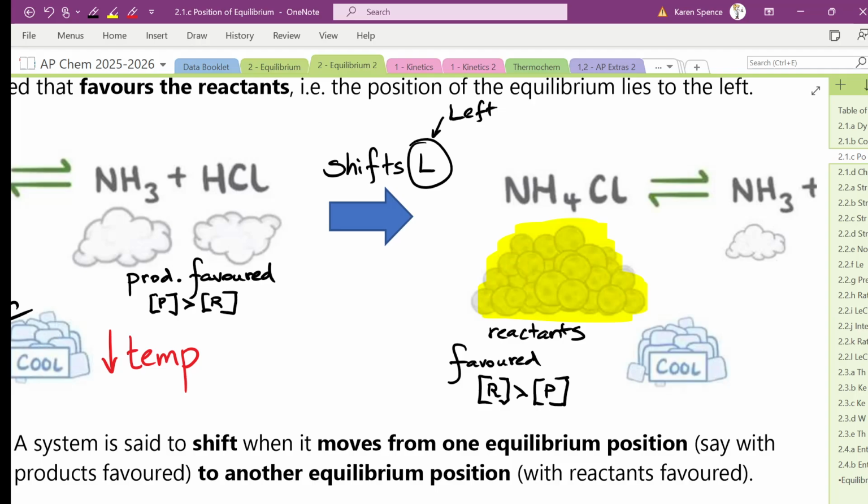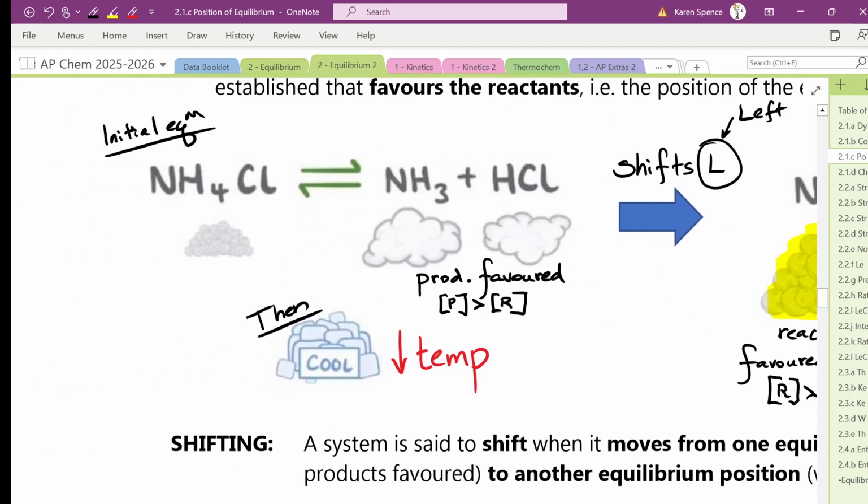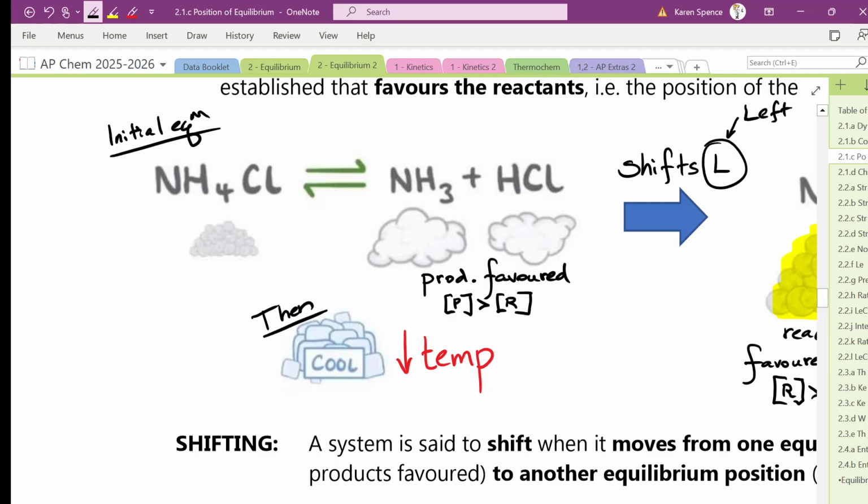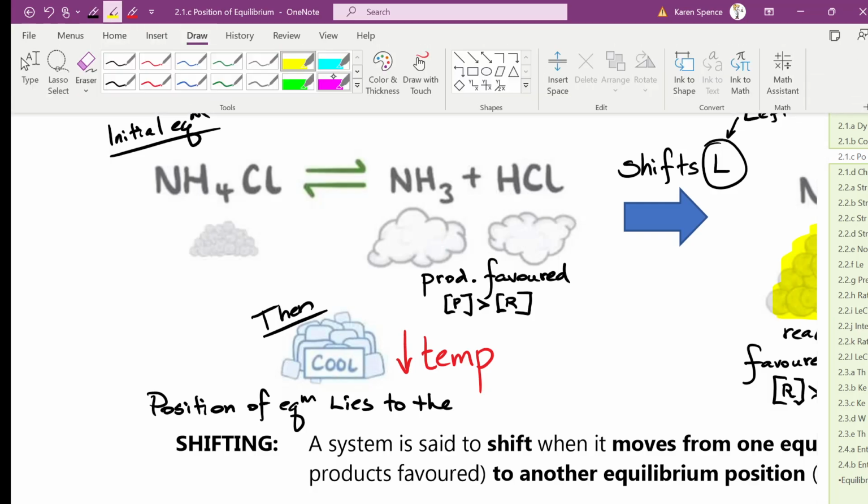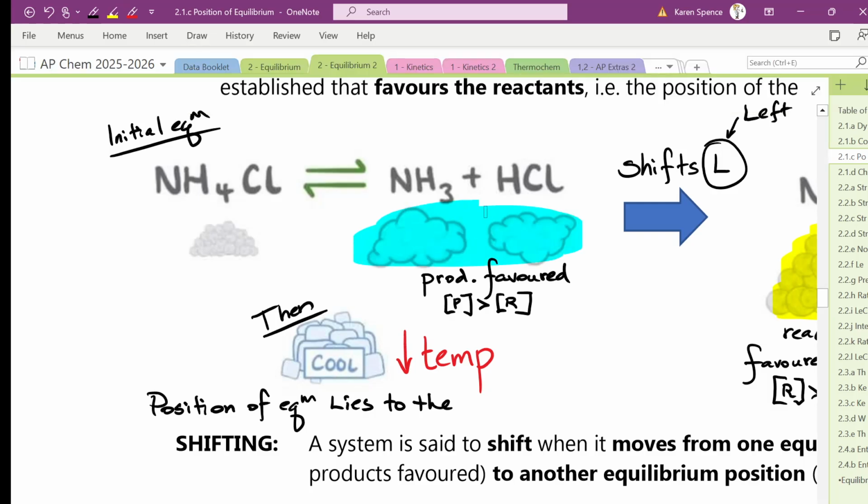How would we describe this in terms of the position of the equilibrium? In the initial equilibrium, what would we say about the position of the equilibrium? The position of the equilibrium lies to the, which direction?